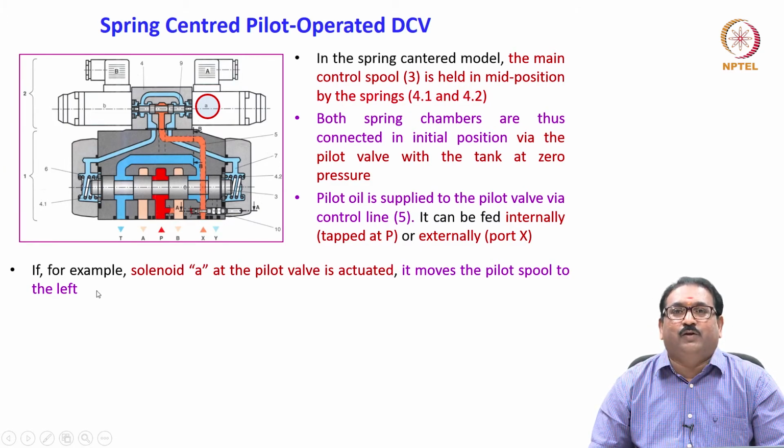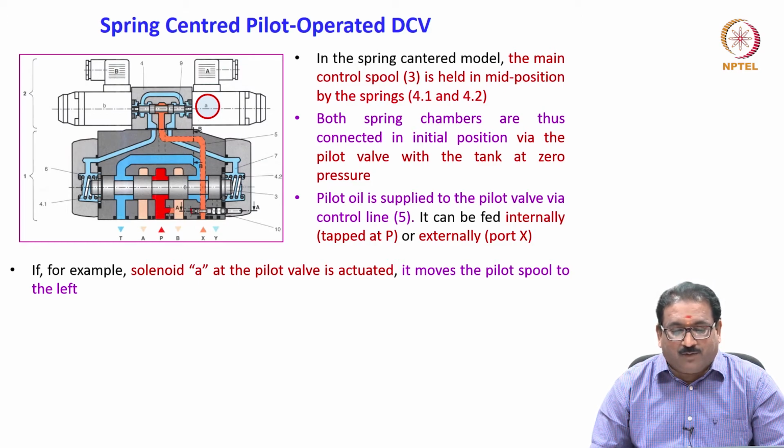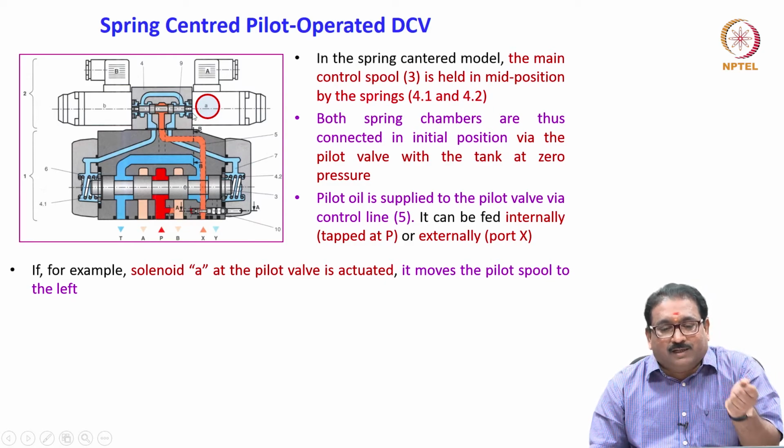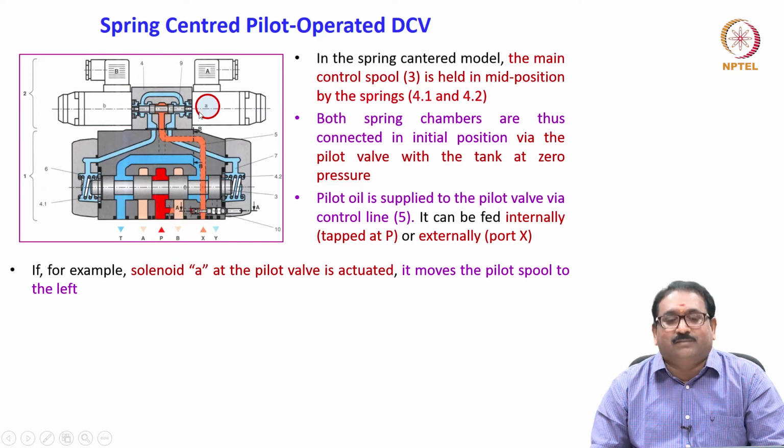For example, I will show you one example. Please understand here very quickly, friends. For example, solenoid A, here you will see solenoid A, is actuated now, and the pilot valve is actuated. It moves the pilot spool to the left side because this is used to pull. It will move the spool to this side.